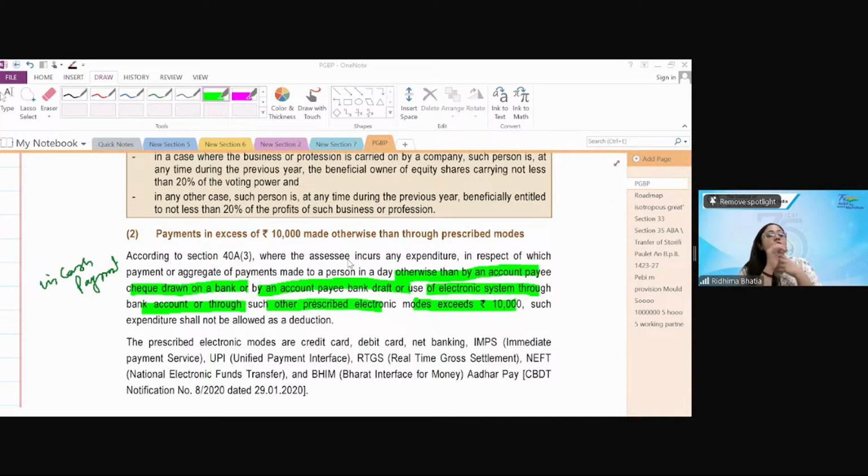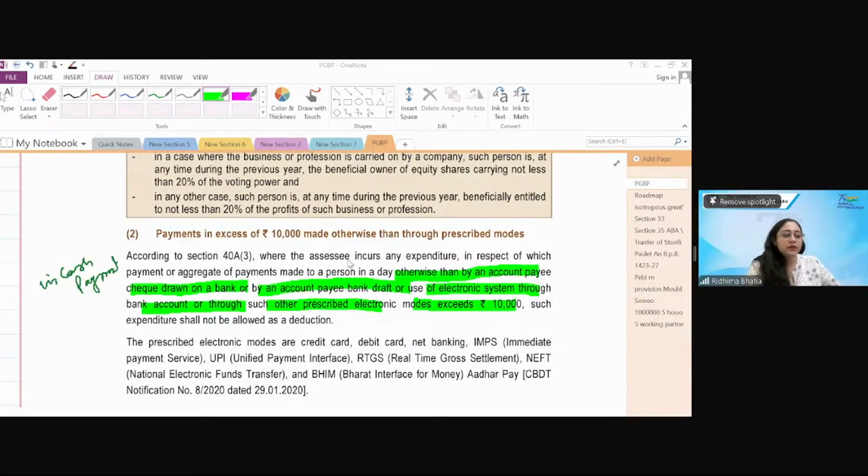Suppose I'm making someone an advance cash payment of 20,000. I will get the goods next year. On 29th March I've made a 20,000 advance cash payment. What will happen? Very good, Vignesh. Definitely it will attract disallowance. Even if it is an expenditure of next year, it will attract disallowance this year itself.